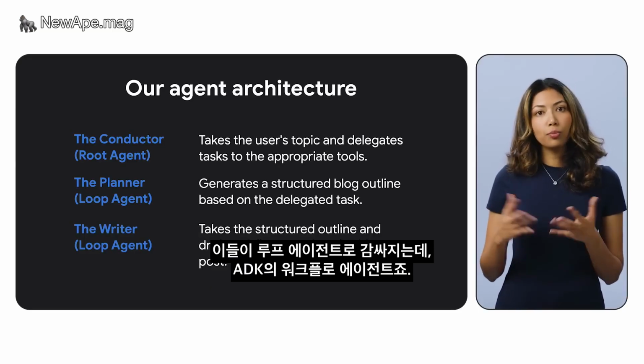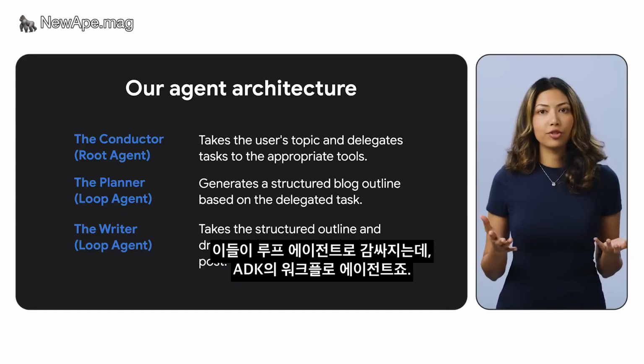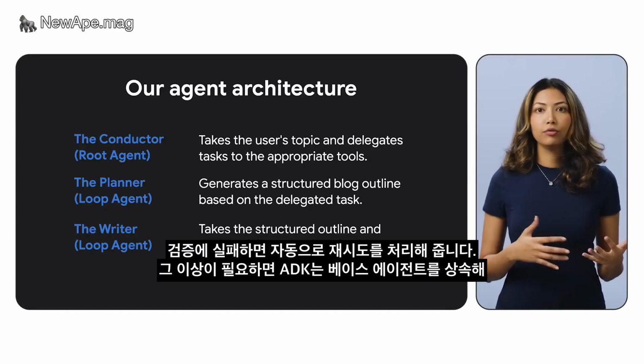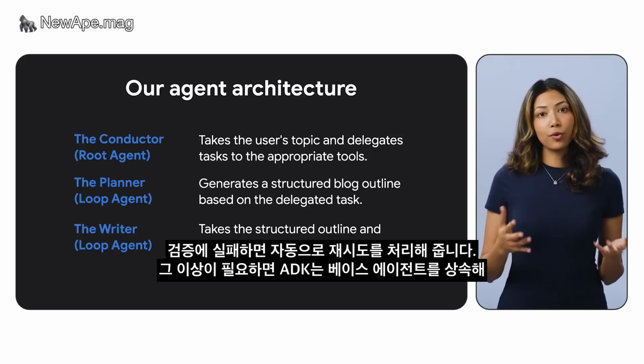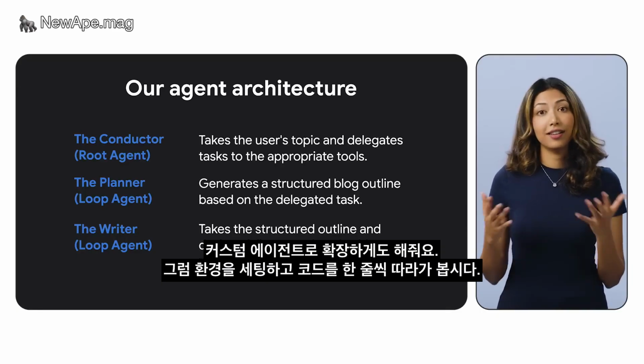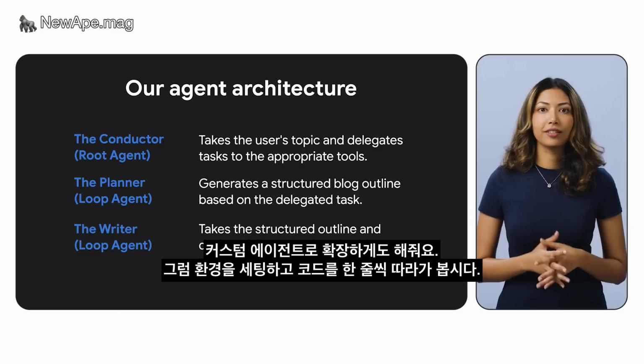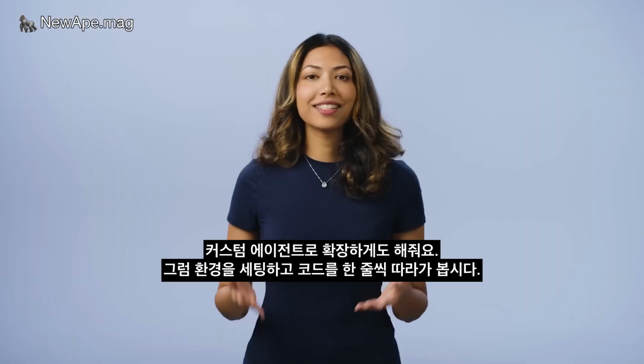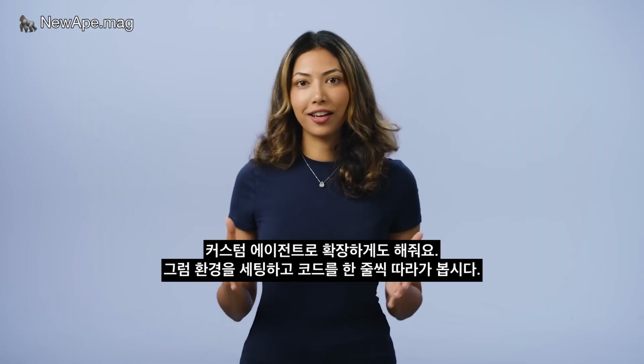They're wrapped in loop agents, which are workflow agents in ADK. These handle retries automatically if validation fails. And if we ever wanted something beyond that, ADK would also let us build a custom agent by subclassing the base agent. So let's set up the environment and then go line by line through the code.